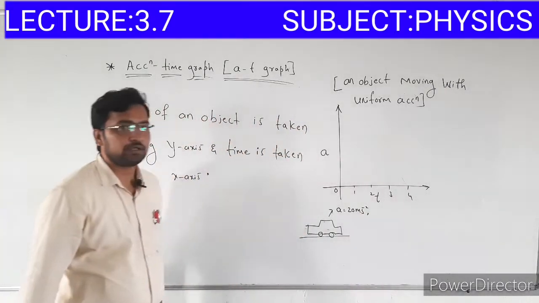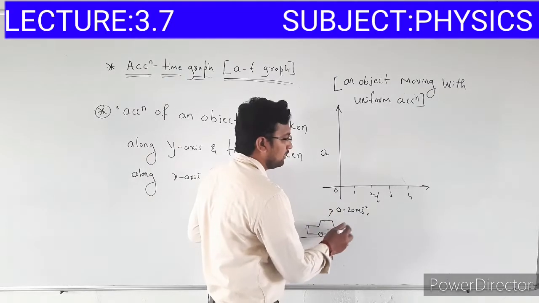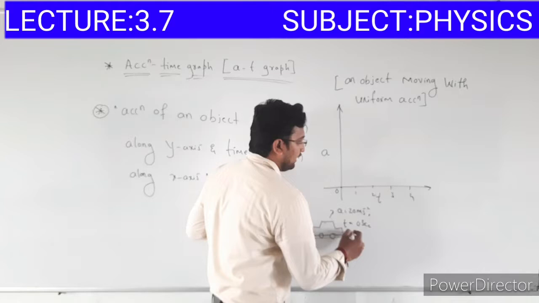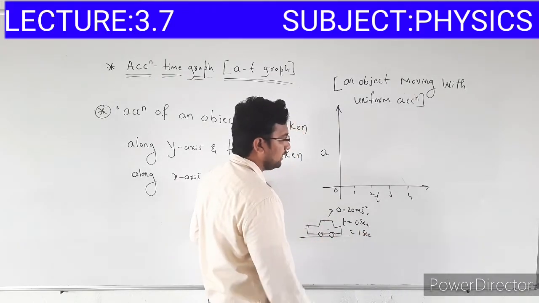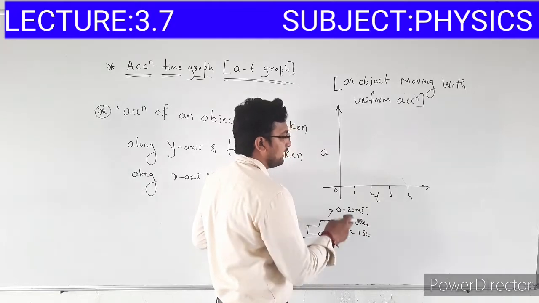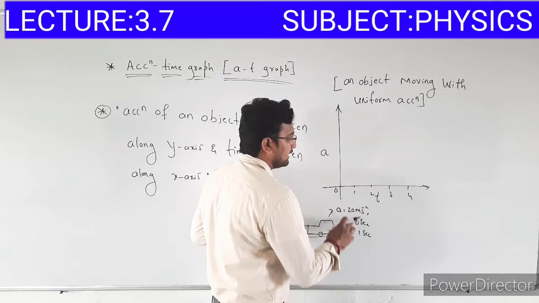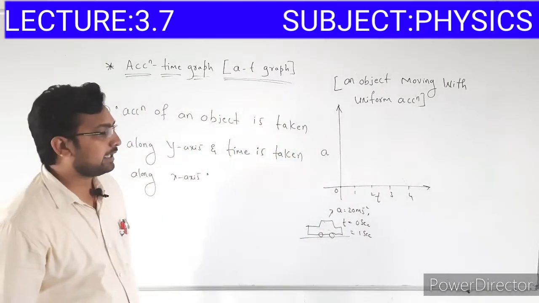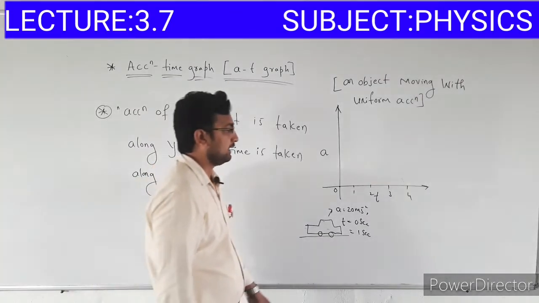At 0 second its acceleration is 20 meter per second square. At 1 second also 20 meter per second square. At 2 seconds also 20 meter per second square. So on up to 5 seconds the acceleration of the object is 20 meter per second square. Then we say that the vehicle is moving with a uniform acceleration.